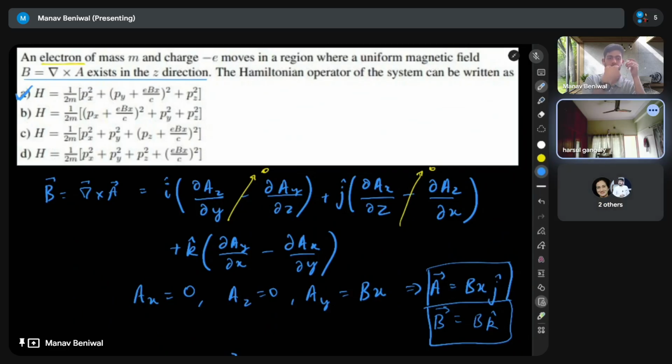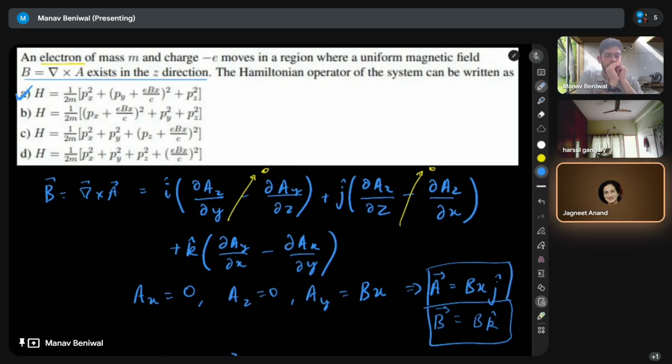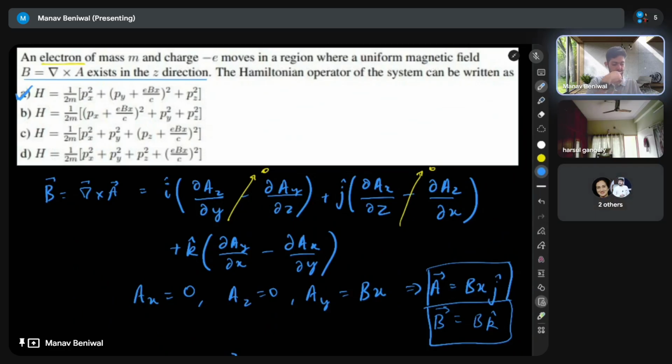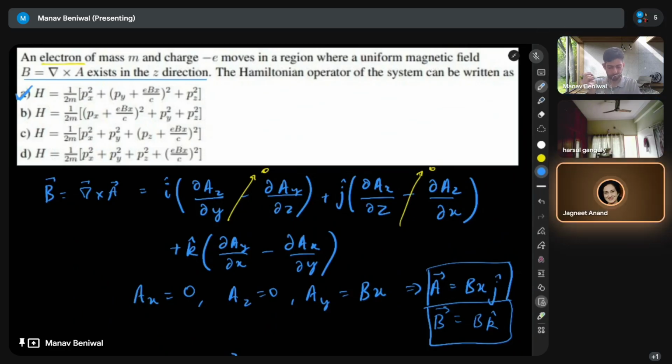If we start with taking Ay as 0 and Ax as By, okay, yeah, we can do that. I think we should get a similar thing.